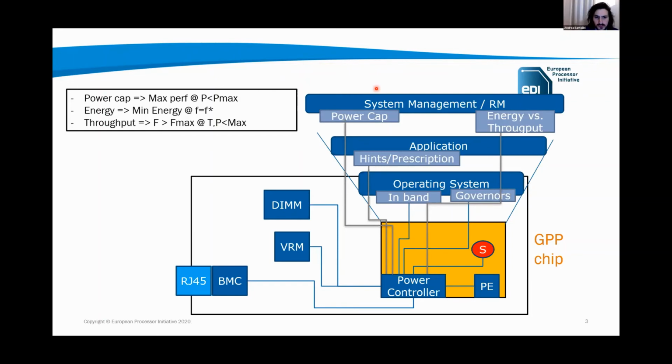This is the so-called in-band path, because all the information travels through the operating system, which runs on the processor itself, to the application and to the job schedulers, which also talk to the processor through the operating system running on that processor.